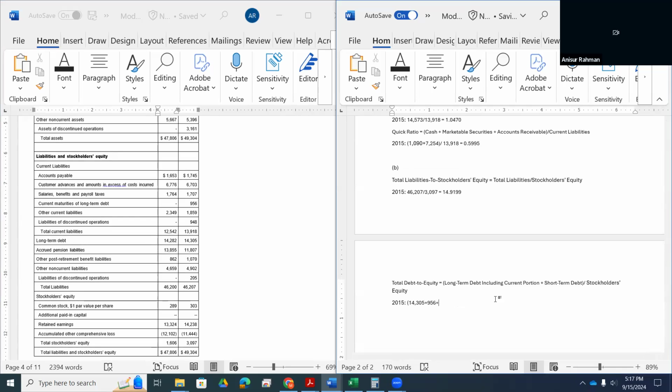And then plus short-term debt. So we don't have any short-term debt. Divided by stockholders' equity. Just copy paste from the previous one.